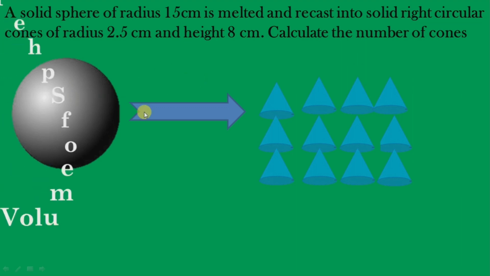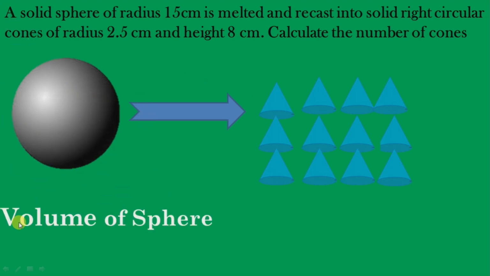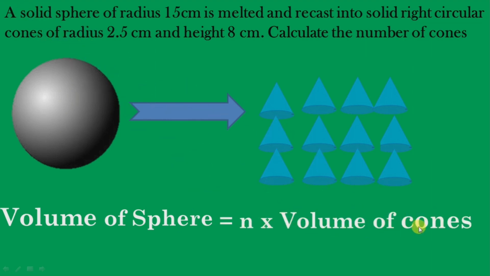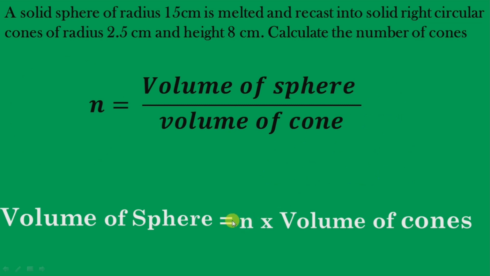So volume of sphere is equal to n into volume of cone, where n is the number of cones formed. So n is equal to volume of sphere divided by volume of cone. When it comes to this side, it becomes a division. So we are going to use this formula.